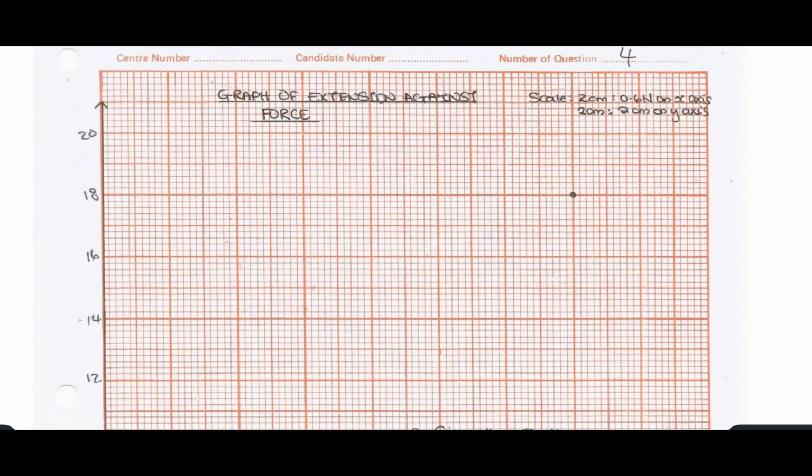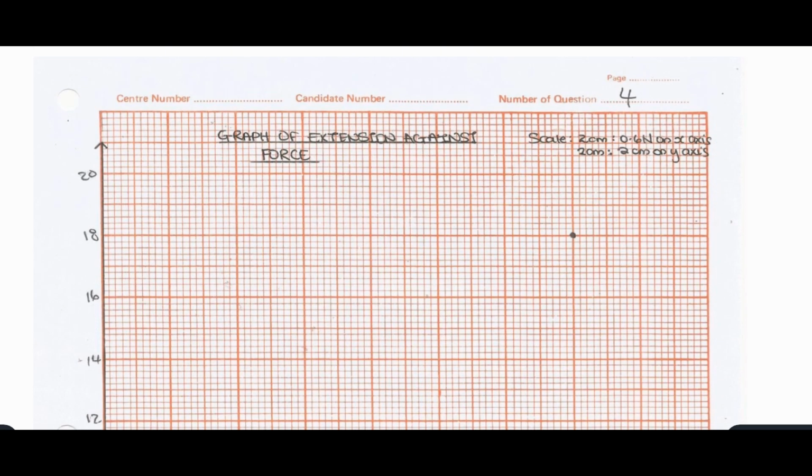Then you want to pick an appropriate scale. Most often some of you choose some odd scales. So don't go up by 7, don't go up by 27, don't go up by these odd numbers that will be hard for you to find the value of the thinner lines in between.